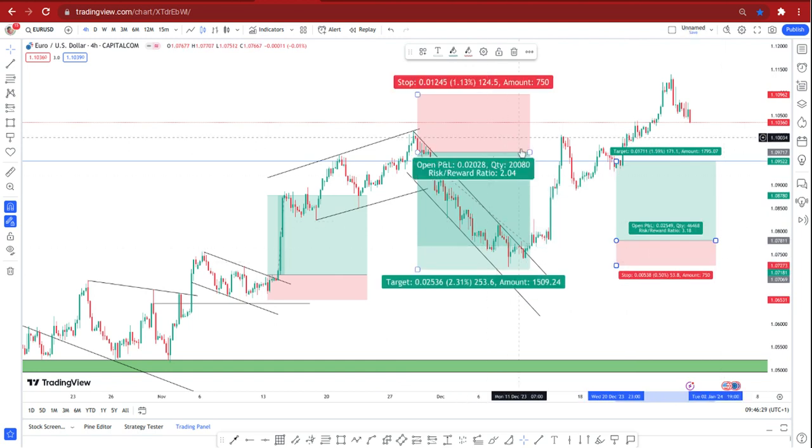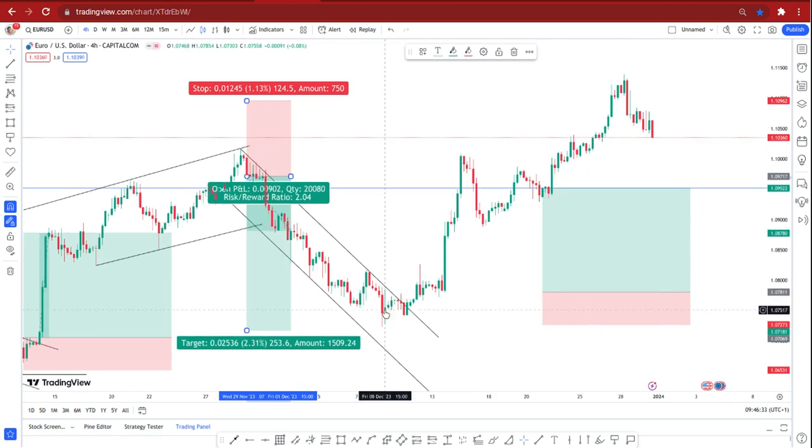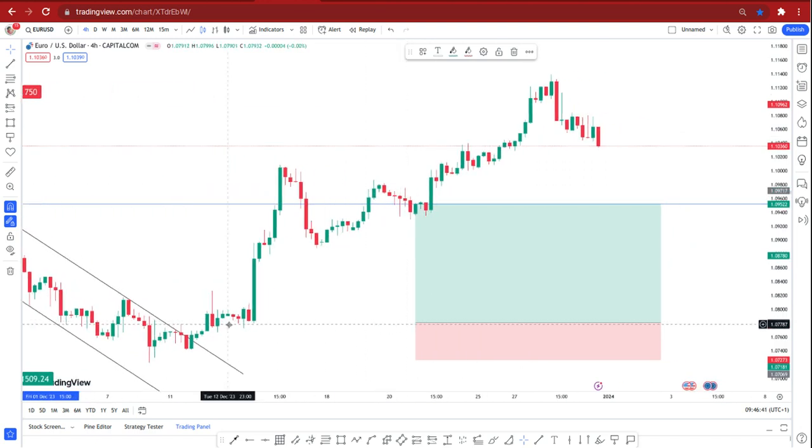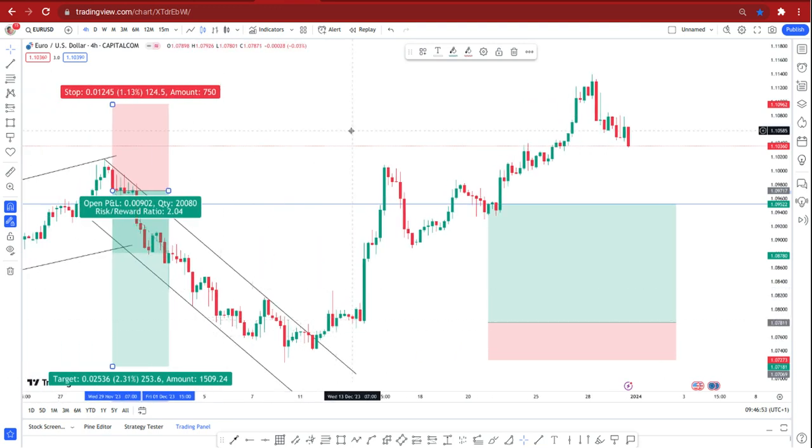I may not get entry though, because it's not really as clean as I want. Look at the candle, it's not really clean. This is a twister top. It closed bullish, the same height and the same low, twister top. So I might not, but when I see candles out here, I would love to see an impulse.